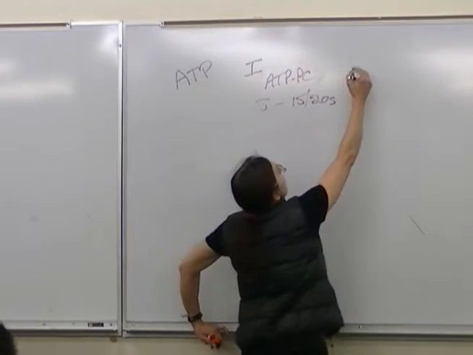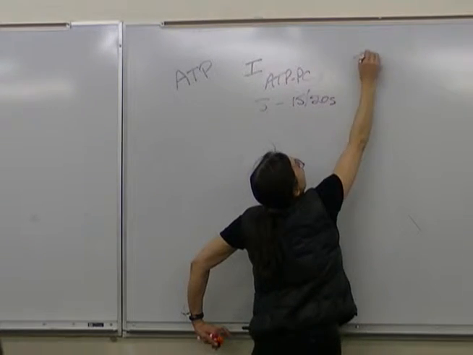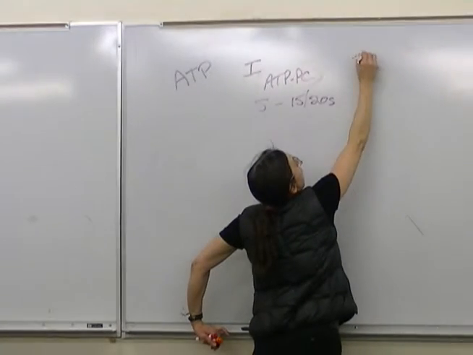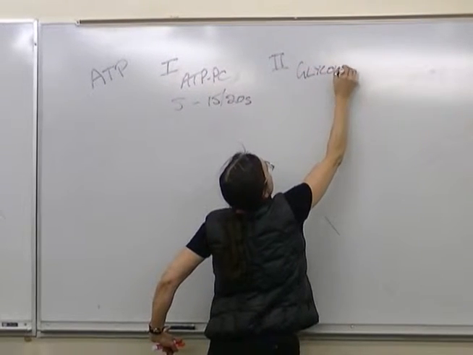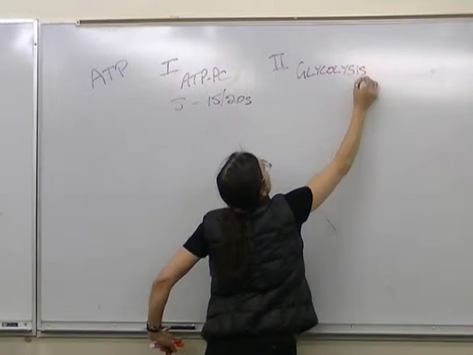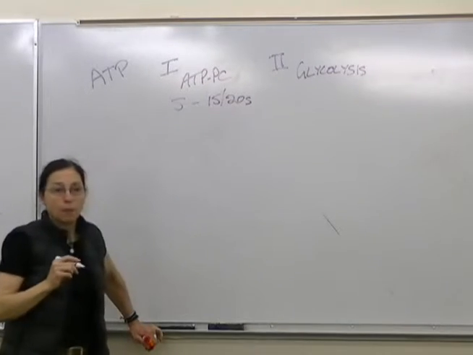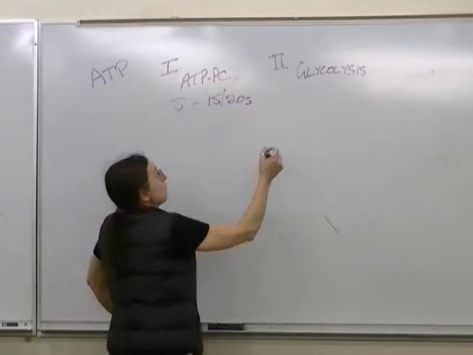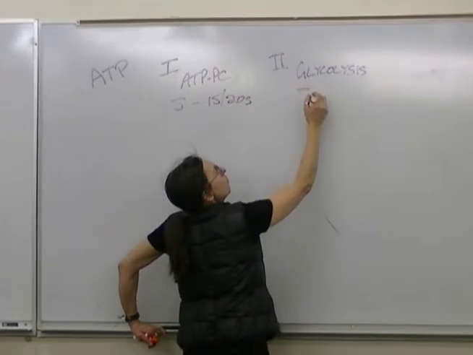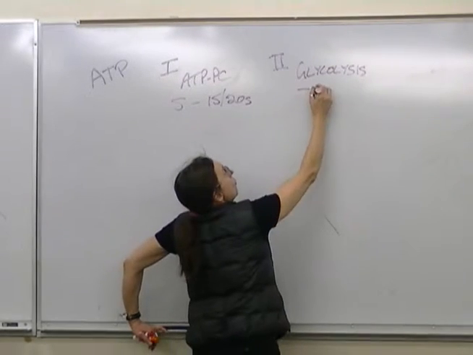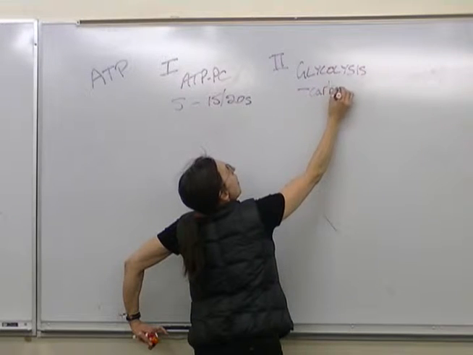What is system 2? Glycolysis, good. What am I feeding into glycolysis? Carbs? Fats, protein. Nope, just carbs. Which kind of carbs?